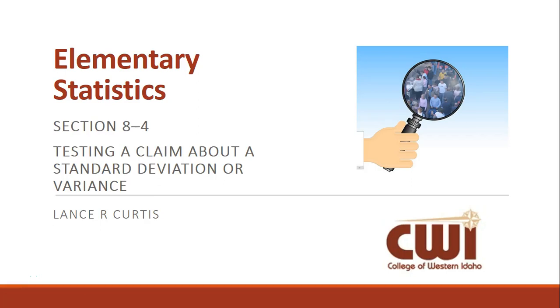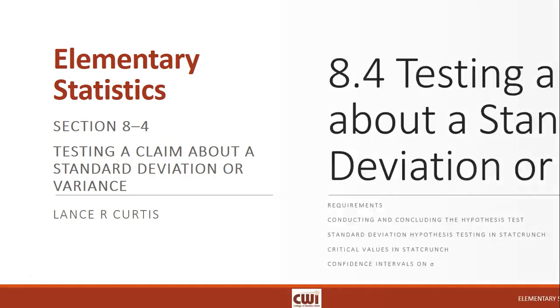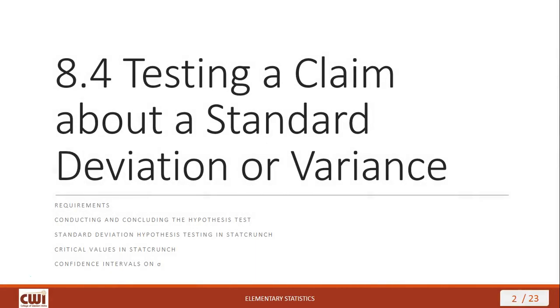I'm Lance Curtis. This is the lecture for Section 8.4, Testing a Claim about a Standard Deviation or Variance. Here in this lecture, we're going to talk about testing a claim about a standard deviation or variance. So we'll start with the initial requirements that need to be met in order for our methodology to apply.